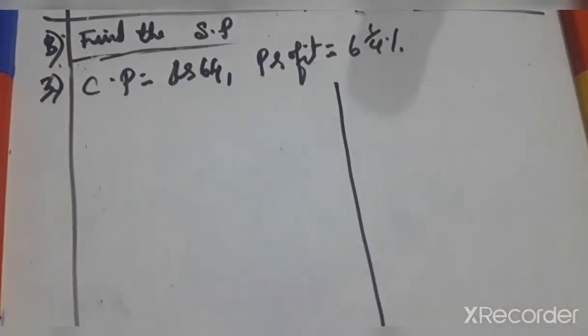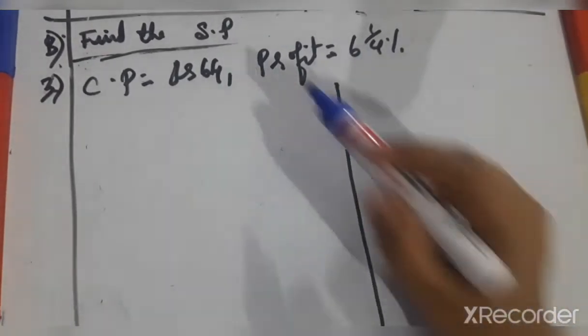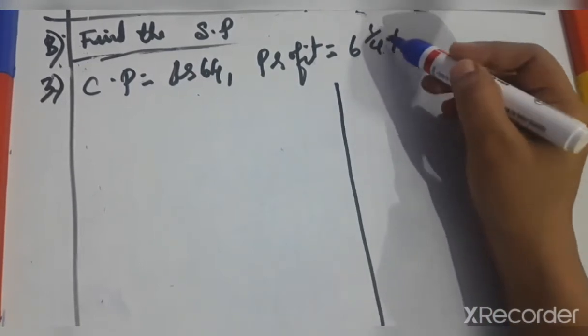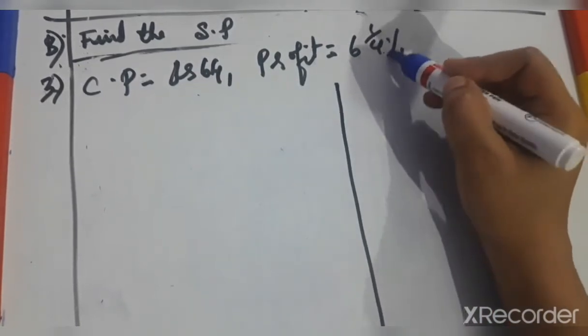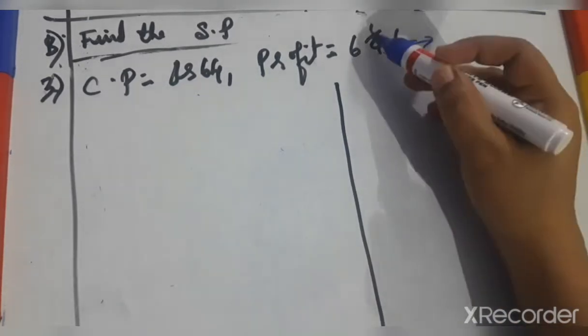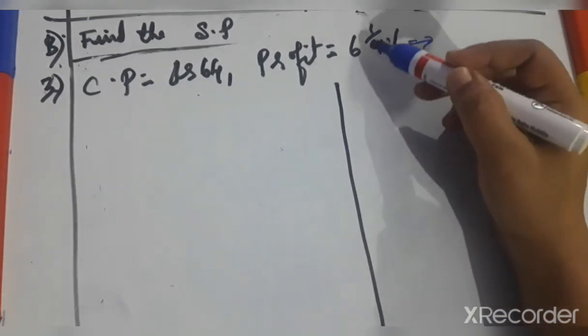Next, third question. CP is 64, profit is 6 1 by 4 percentage. So this is the percentage of profit, not the profit. How to convert 6 1 by 4? This is a mixed fraction.